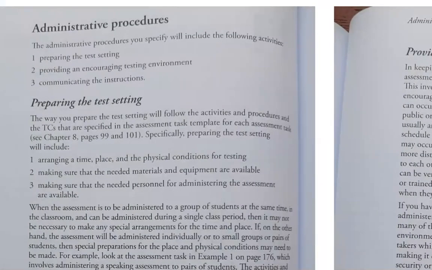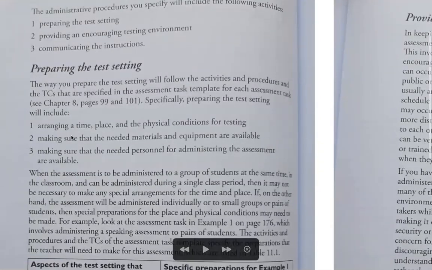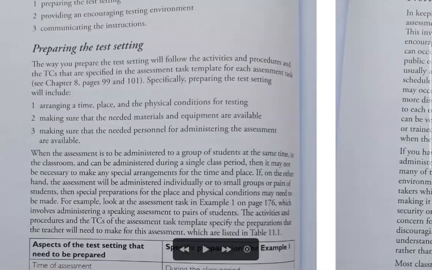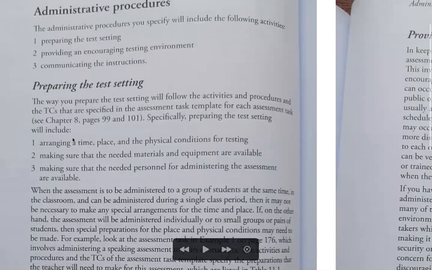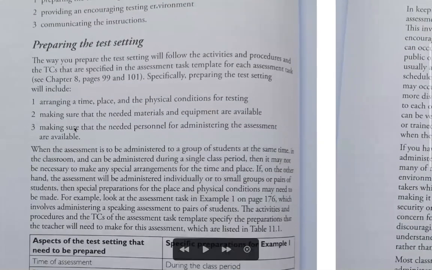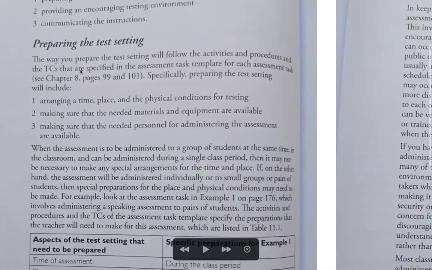Now, what can we say about preparing the test setting? Remember what the setting is: the materials and the people that are involved in the assessment. As a reference, you can go back to the book. I don't remember what chapter it was, but you can read task characteristics.